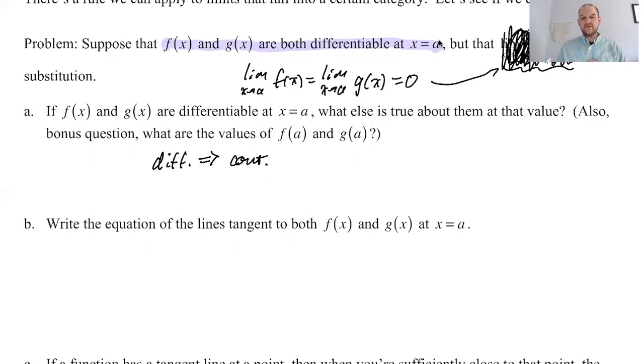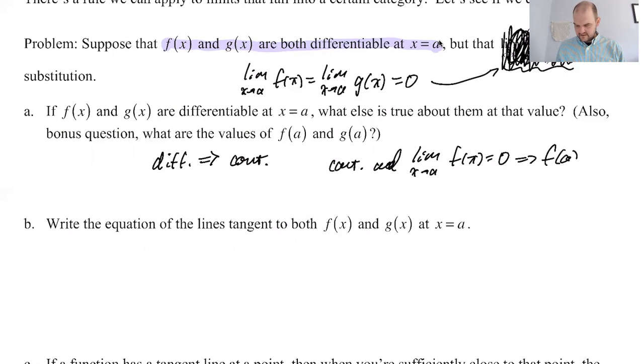Similarly, since they are continuous, and the limit as x approaches a of f of x equals 0, that implies that f of a equals 0. And then by the same exact logic, g of a is 0. So f of a and g of a are actually equal to 0.